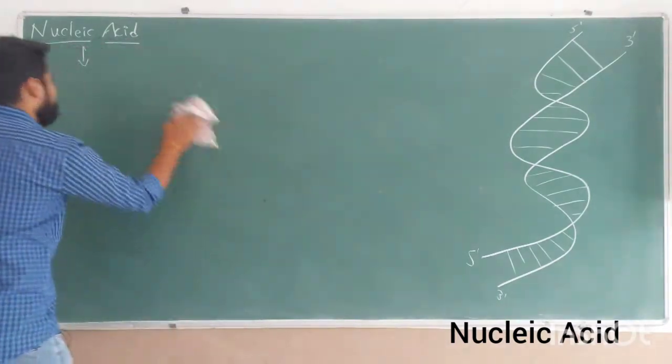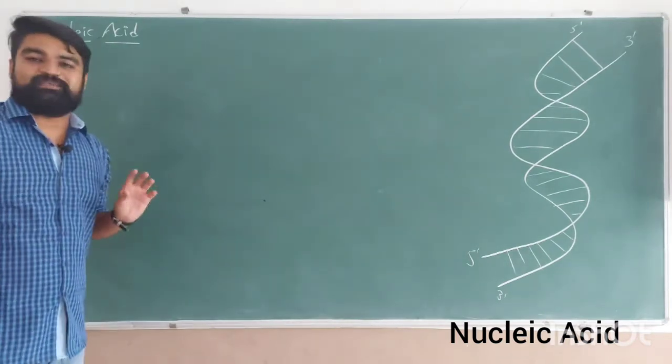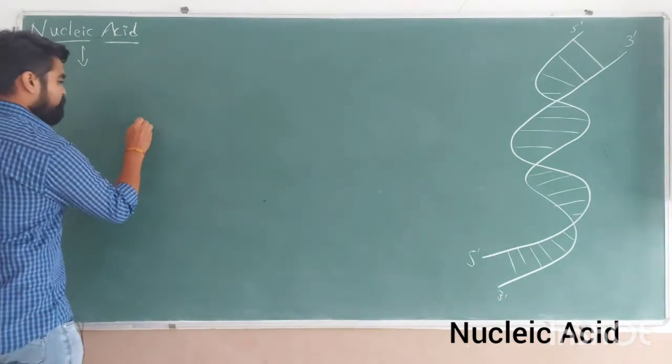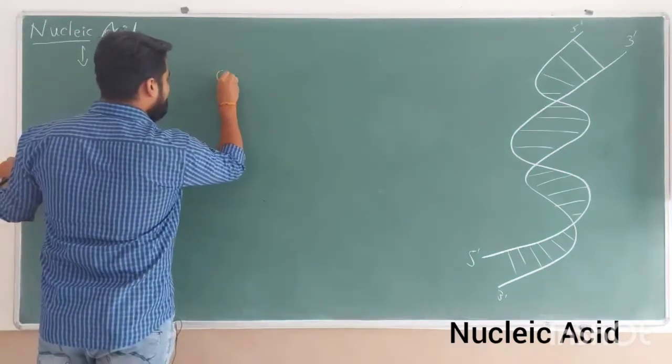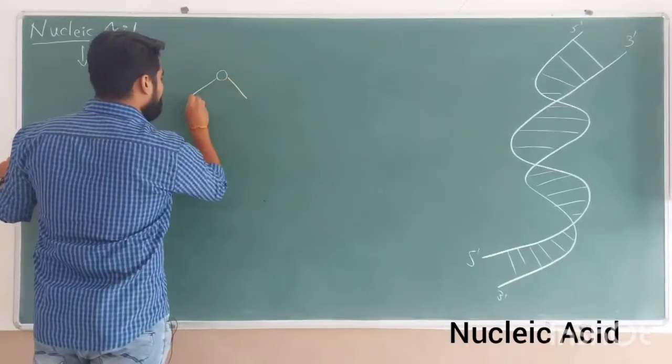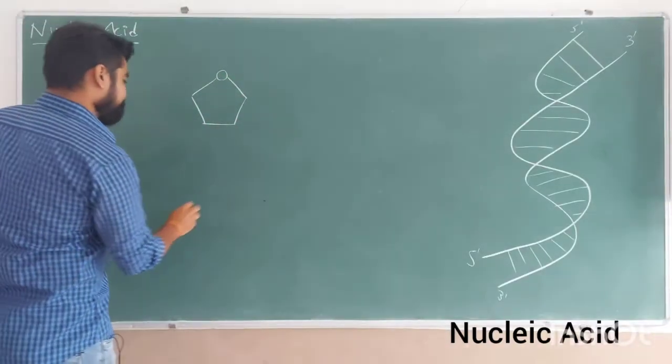Now in the structure of the DNA, as I already told, pentose deoxyribose sugar is involved. This is the pentose sugar.